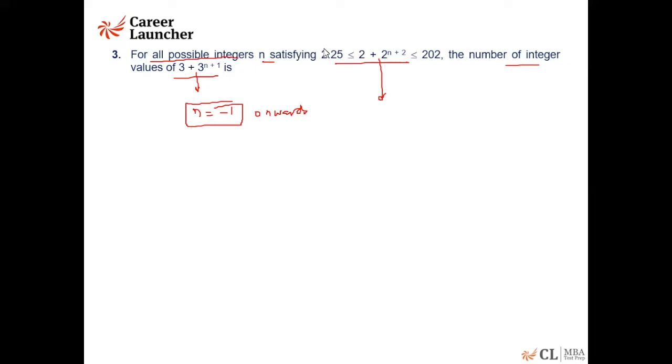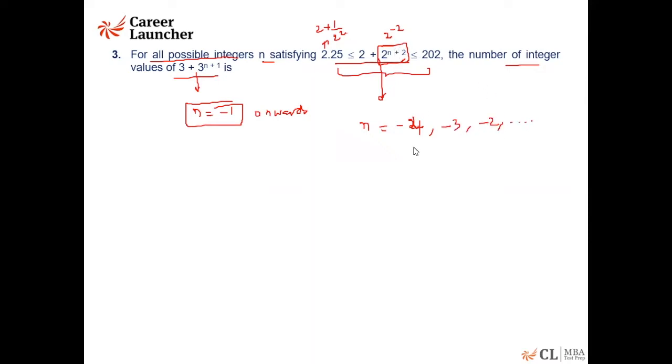So this is like 2 plus 1 by 2 squared, or 2 to the power of -2, which means to satisfy this condition, the value of n can start from -4, -3, -2, and so on.